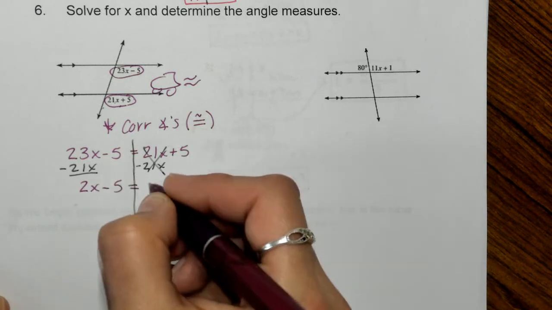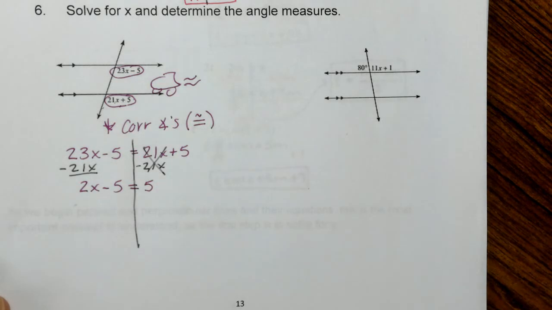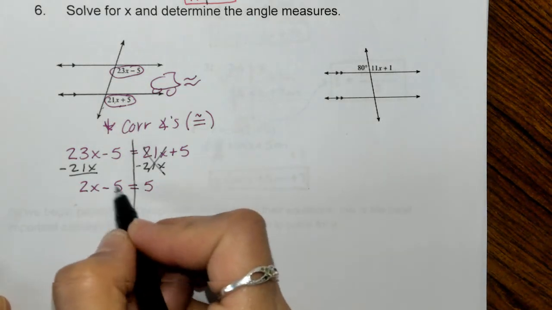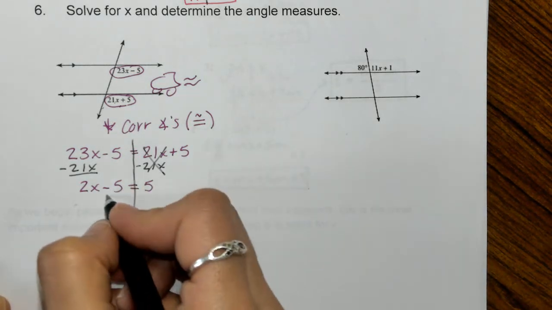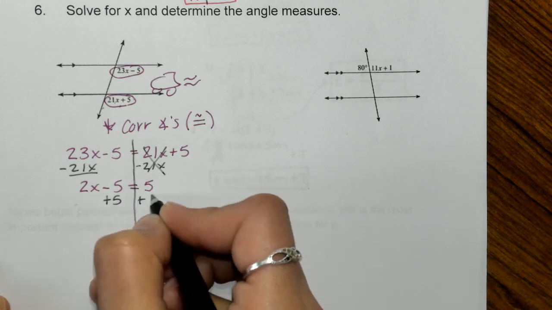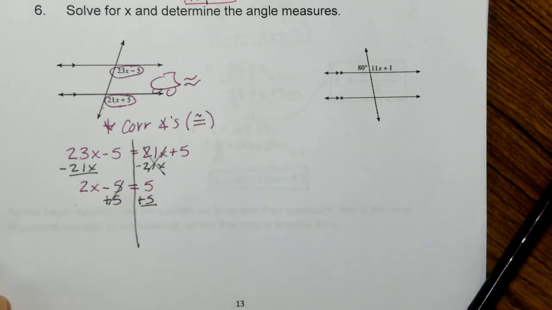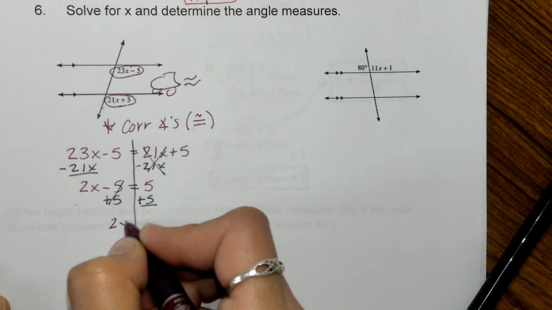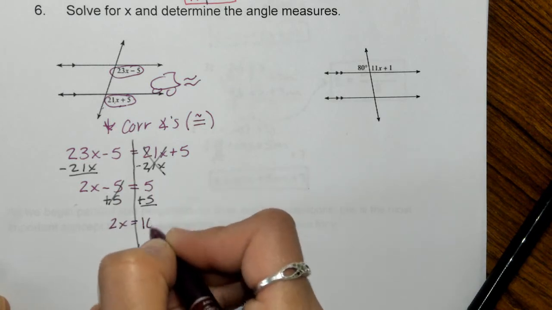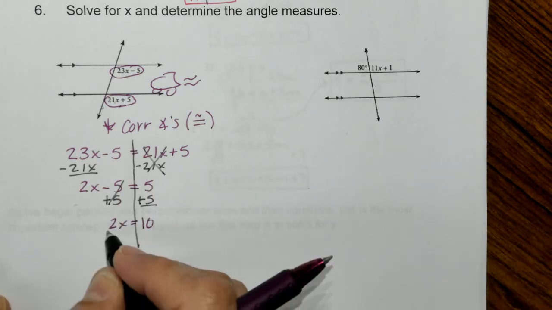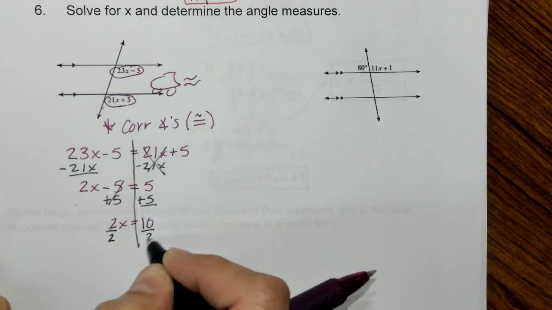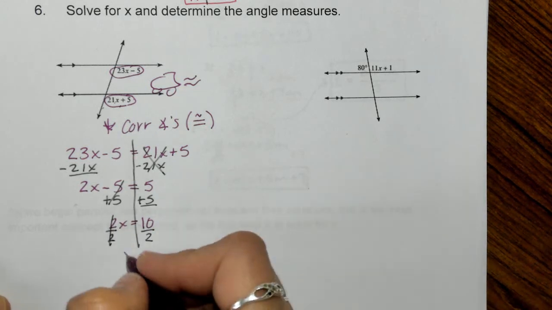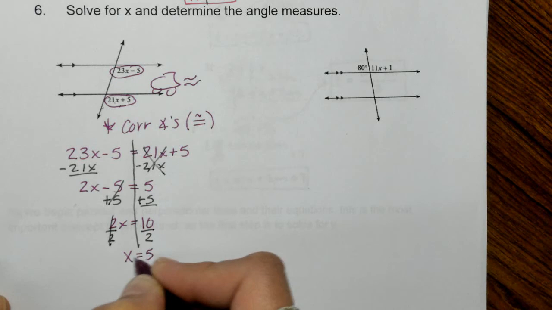Equals, we only have a positive 5 over here. Now we need to get that negative 5 away. We're going to add 5 to both sides. Bring down our 2x. To the right, we now have a 10. Last step, divide by 2. 10 divided by 2 will give you 5.